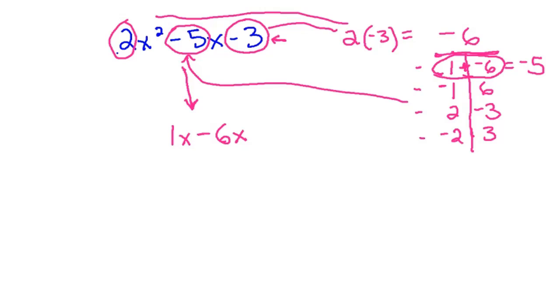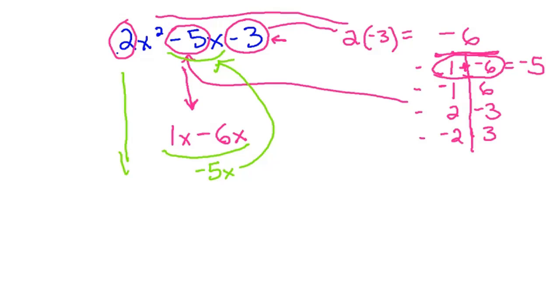And if you look, this is the same thing as this. Positive 1x minus 6x is the same thing as -5x, which is what we have up here. So we're just substituting these numbers for the -5x.